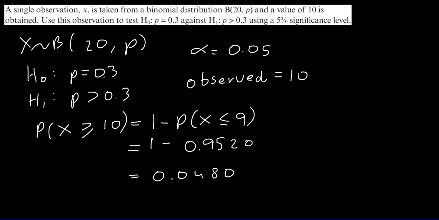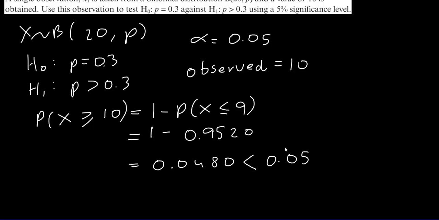Now what do we do with this probability? We compare it to the significance level. In this case our significance level was 5%. This is obviously less than 0.05. Therefore, what we're saying is this is unlikely to happen under the assumption that p is equal to 0.3.